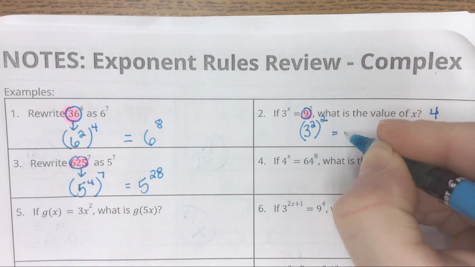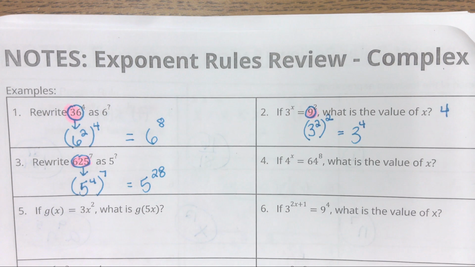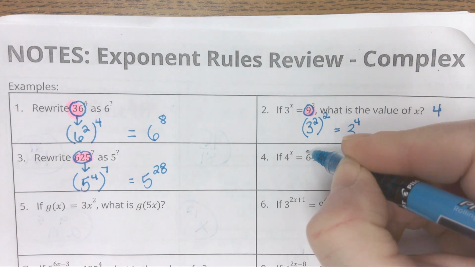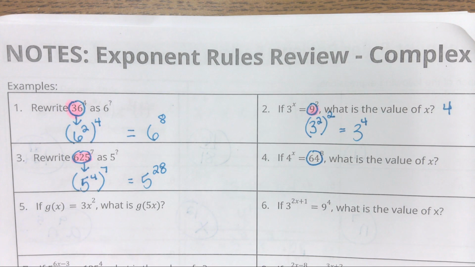This is 3 to the 4th, and I'm asking you to figure out the value of x. Do you feel ready to try number 4 on your own, or you want to do one more together? Okay, try number 4 on your own. This, once again, is probably going to involve you doing some guess and check with the 4.